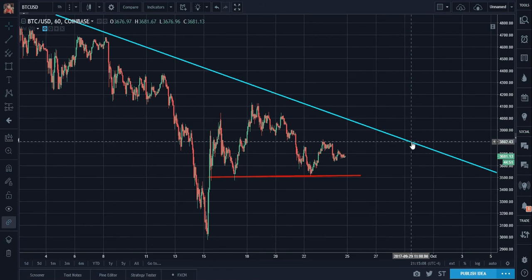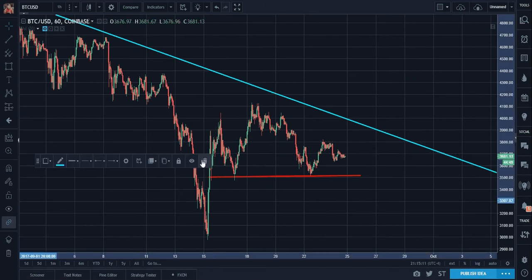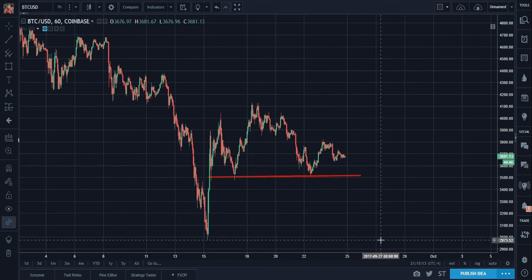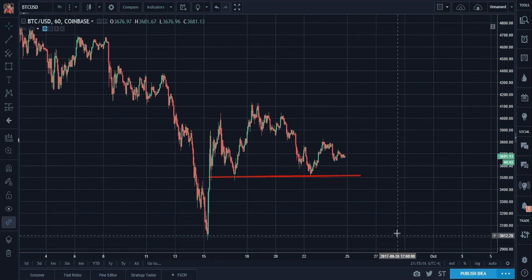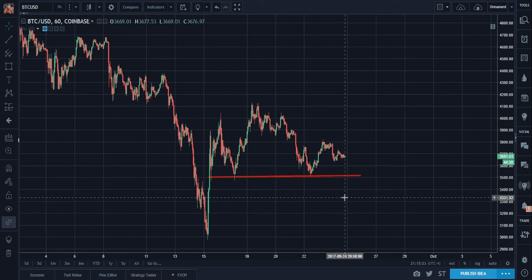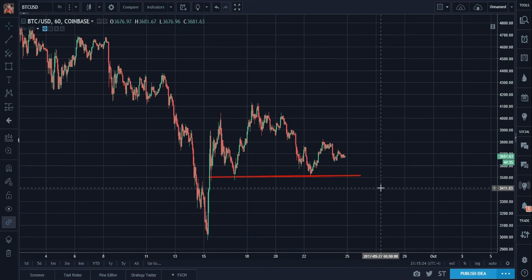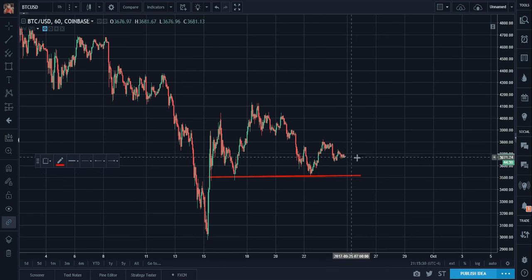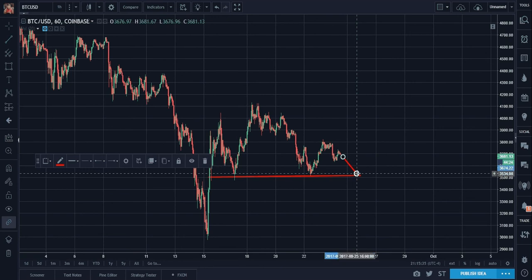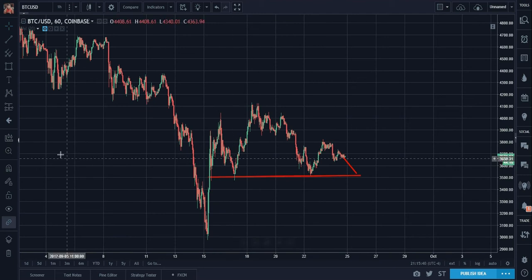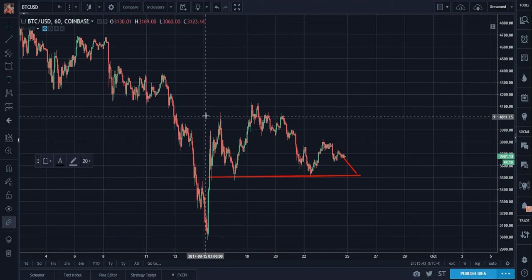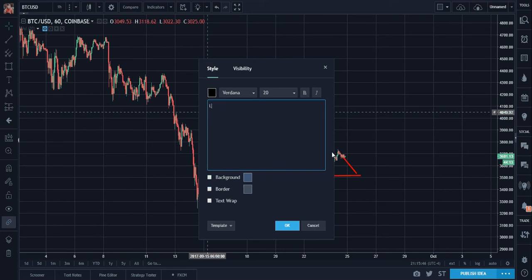There was one more pattern here that I didn't realize or discern until later today. If this completes the right shoulder, so let's label it for clarity.